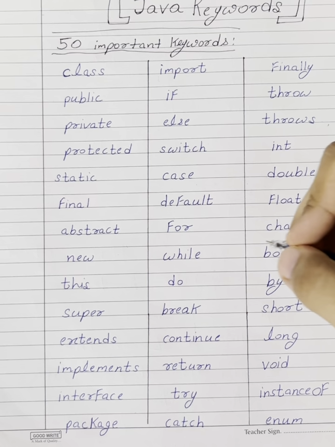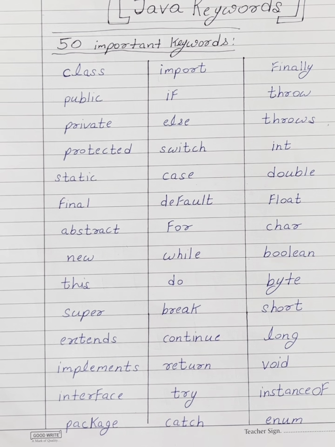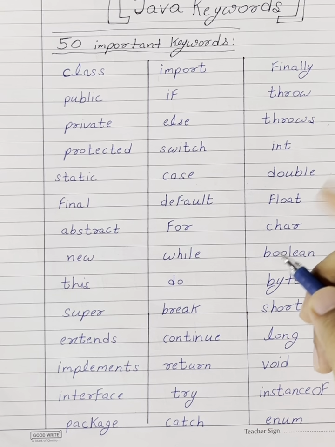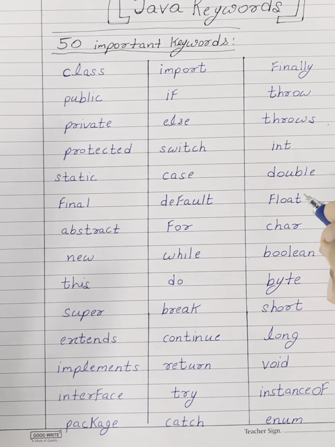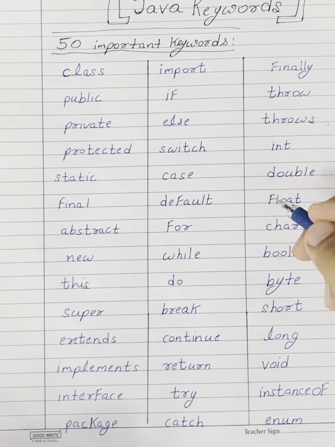So next is the break keyword. Guys, this break keyword is used to immediately terminate a loop or a switch statement. When Java encounters a break statement, it stops the execution of the current loop or switch block and then transfers the control to the first statement that follows it.